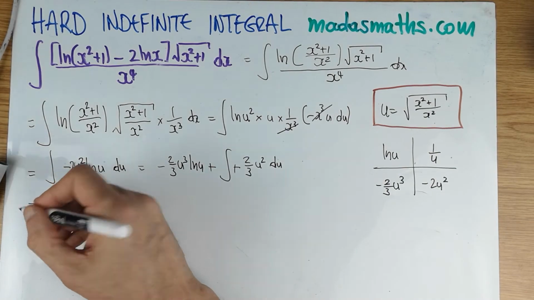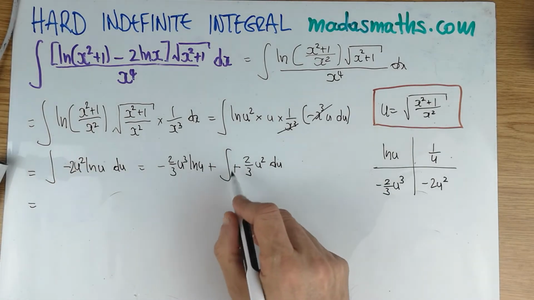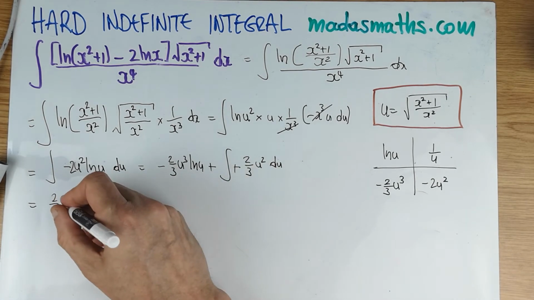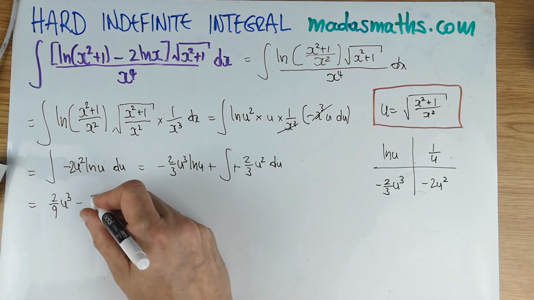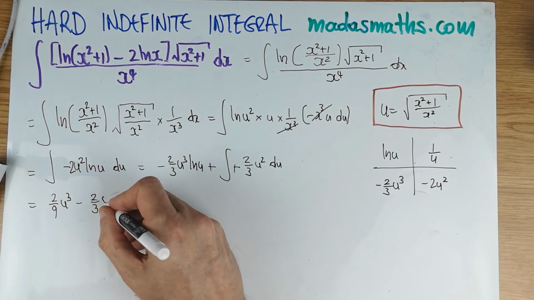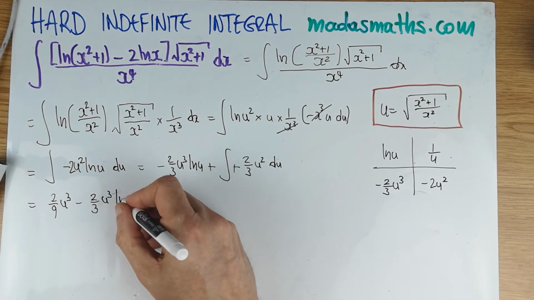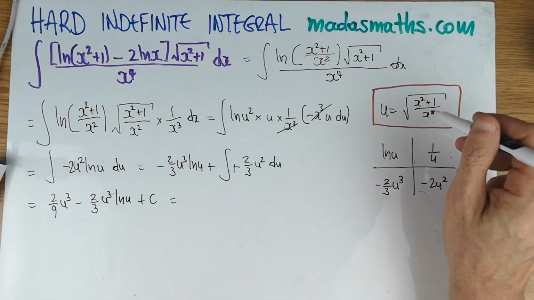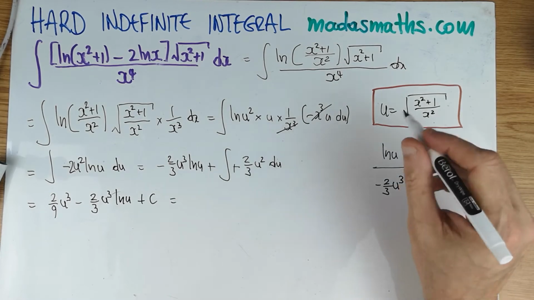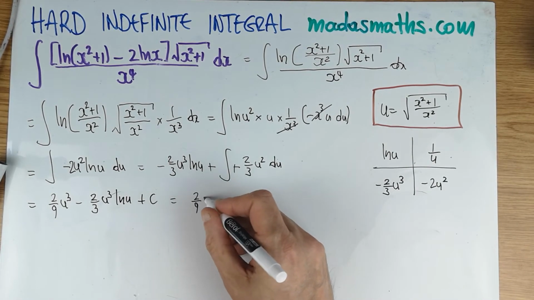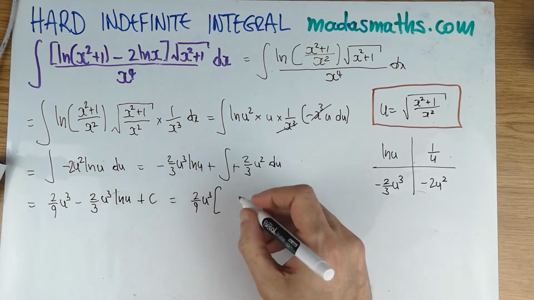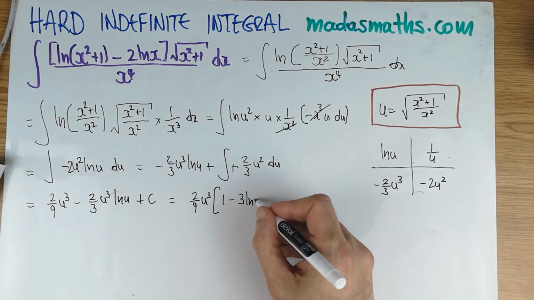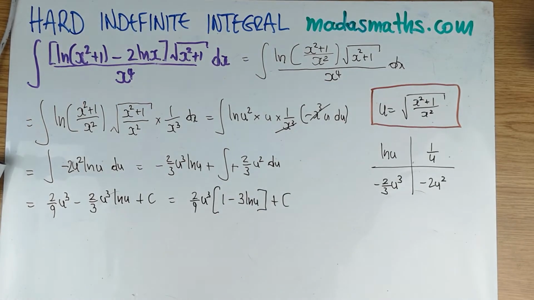The integration finishes here. I'll write this first because it's a plus: 2/9 u cubed minus 2/3 u cubed log u plus c. Before we put the substitution back, tidy a bit. Pull out the 2/9 u cubed, which gives 1 minus 3 lots of the log of u, plus c.